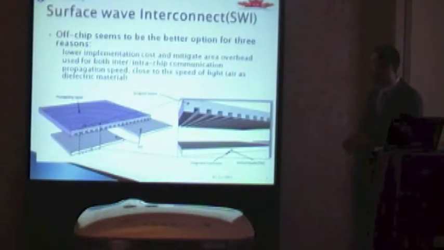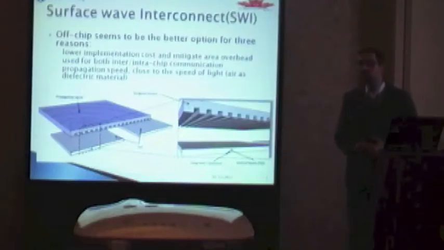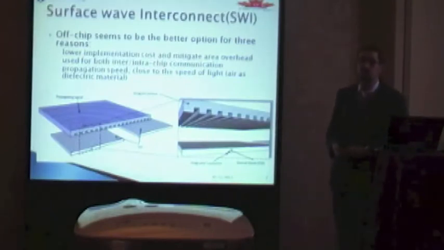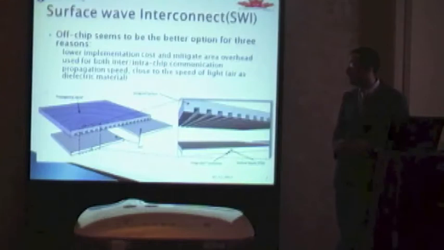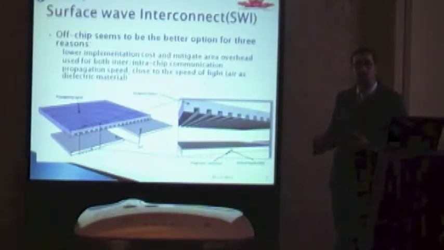So in order to have a clear image of how this technology can be implemented for network on chip, we figured out the best option is to implement it off the chip. This way it will have three advantages. The first one, it will be able to be used for intra-chip communication. The second one, it lowers the implementation cost, and there is no need for extra die area for this surface to be implemented in the upper layer.